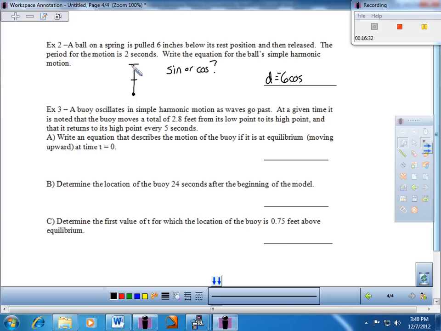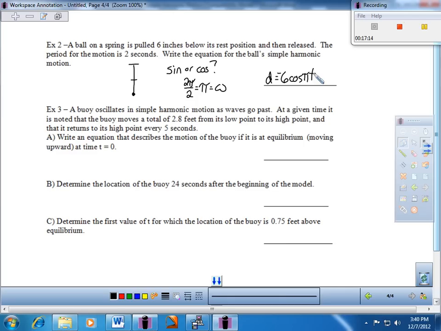Okay, good. We need a B value, of course. The B value, or the omega value in this particular case, is still the same. It is really just 2 pi over the period. That is our omega value, the so-called angular speed. And so I'm getting 6 cosine pi t. And notice there's no vertical shift on this.